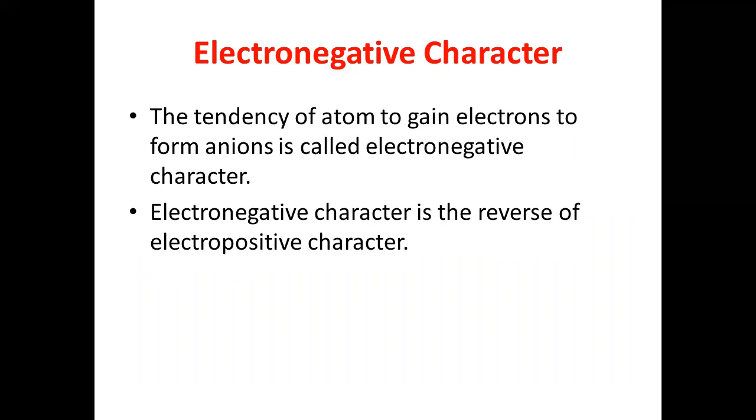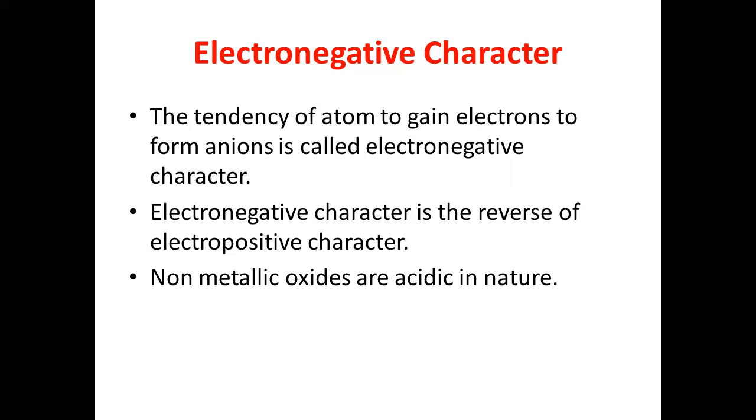Electropositivity is the tendency of an atom to lose electrons and to form cations, meaning positively charged ions. While electronegative character is the tendency of an atom to gain electrons to form anions.